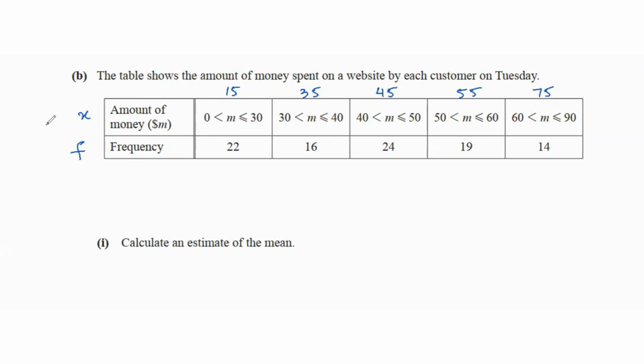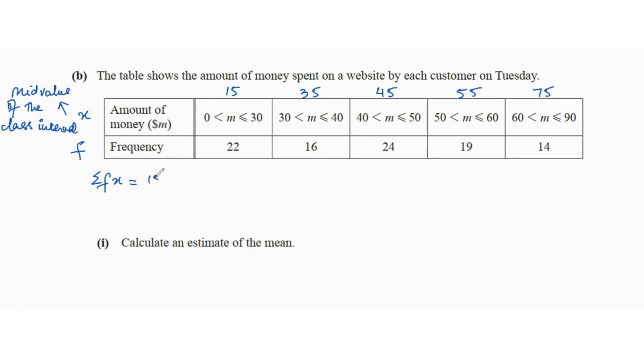So now what we do is we use these x values to find sigma fx. Sigma fx is the sum of the product of frequency and the x value. X is your mid value of the class interval.